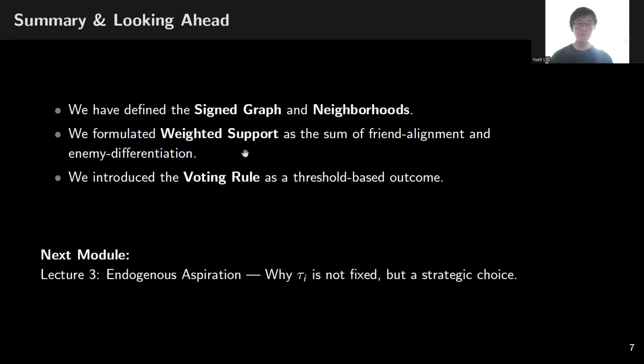We also introduced the voting rule as the comparison of the weighted support with the threshold level proper to each individual. In the next lectures, we're going to talk about endogenous aspiration: why is tau i an endogenous variable in our model? As well as the utility, individual and total utility of the voting game.